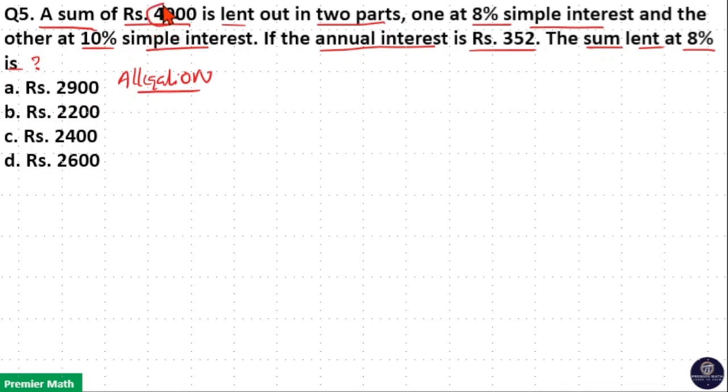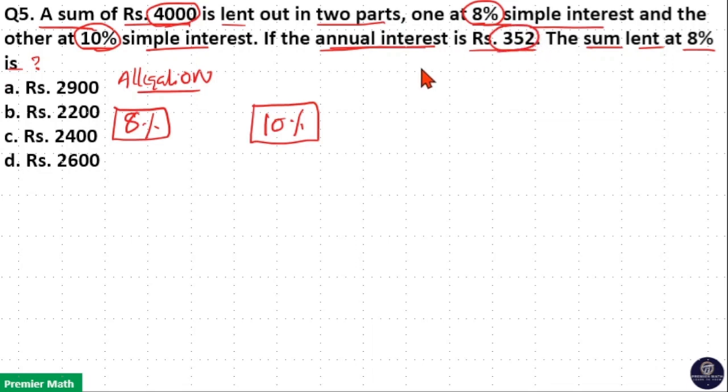Total money is 4,000, and one part of 4,000 is lent at 8% and the other part is lent at 10%. Now, the annual interest received is rupees 352. This 352 rupees is received from this 8% and 10% sum.